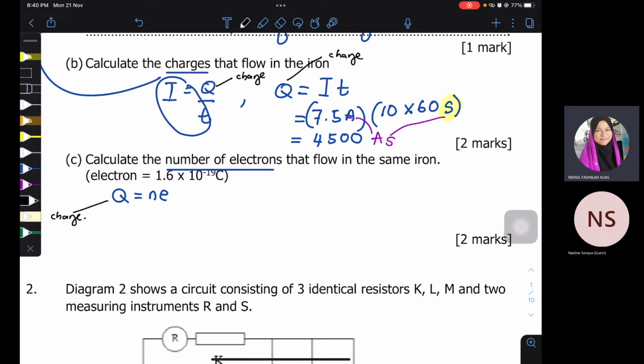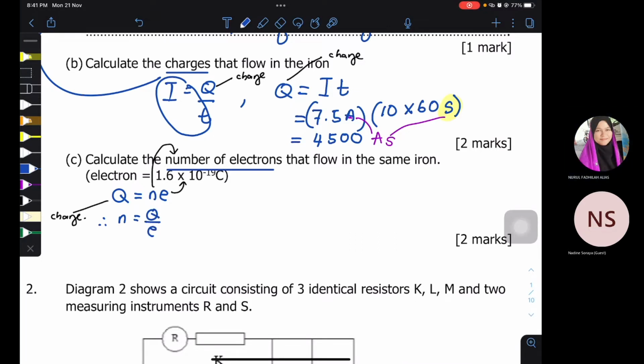E is the electron charge. So what does the question want now? Q or N or E? The question wants N. Therefore N equals, rearranging the formula, Q over E. The Q we already calculated above, so you just use that.